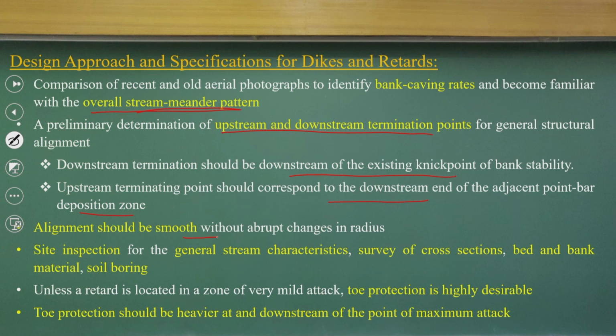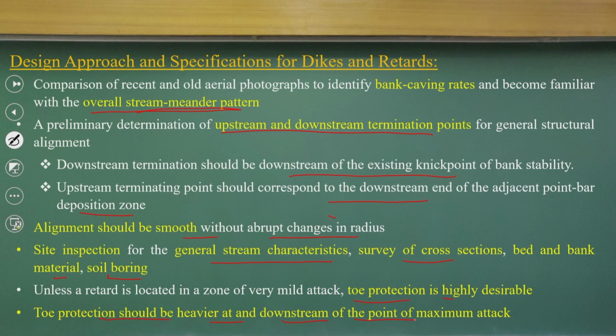There should not be abrupt changes in the radius, otherwise you have more problems. Site inspection is there to know about stream characteristics, cross section, bed and bank material, and soil boring. There should always be toe protection, which is necessary, and the toe protection should be heavier at the downstream point of maximum attack.